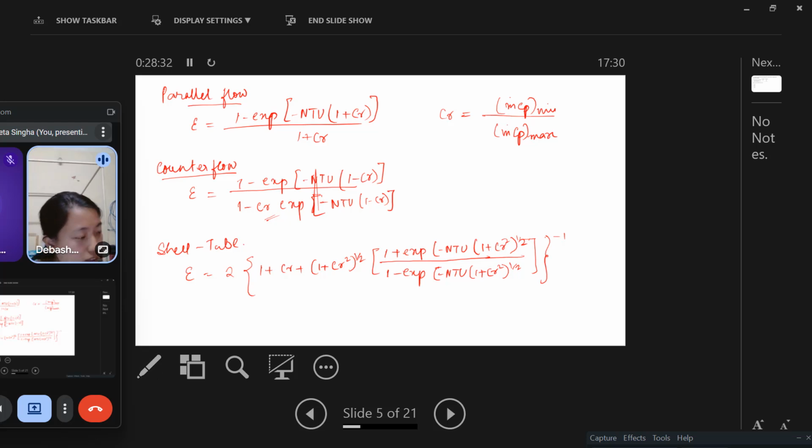So in class, I think this one was given inside here. So please check this, whether this minus 1 to the power of minus 1 is here or here. I think it is here.